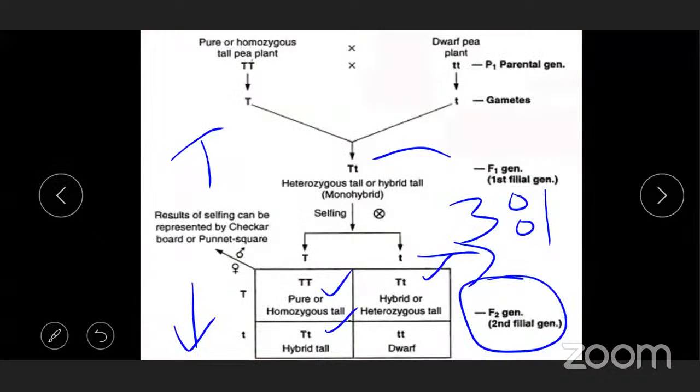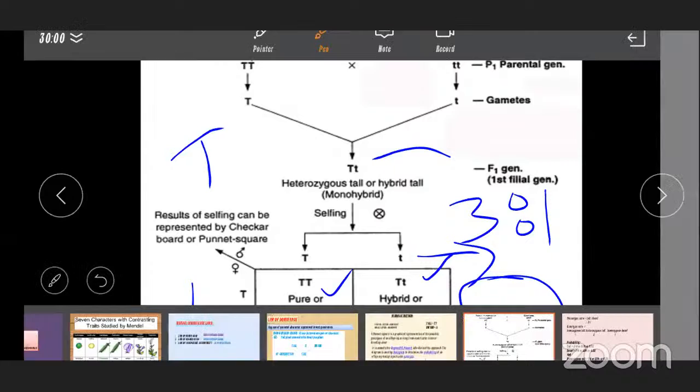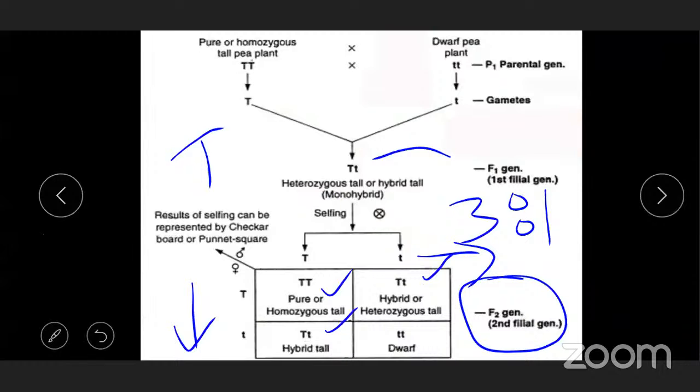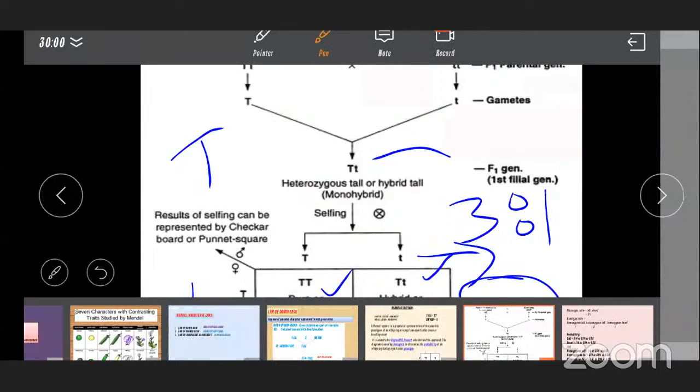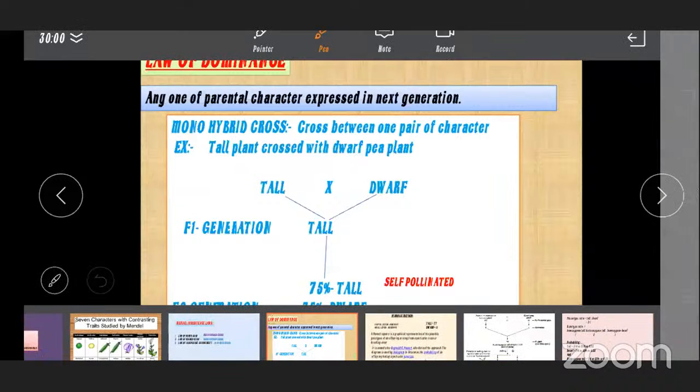Because in this box, 75% tall plants will be produced. This is tall, this is tall, this is tall.